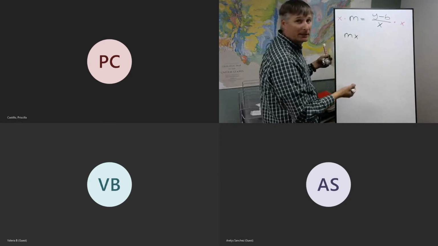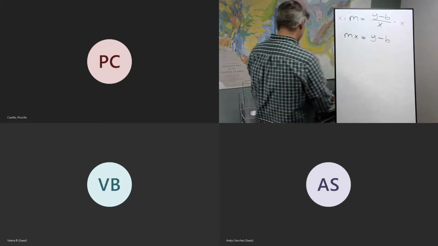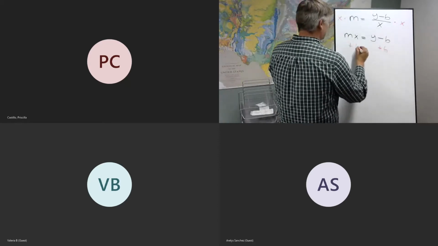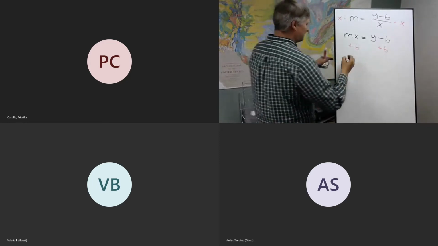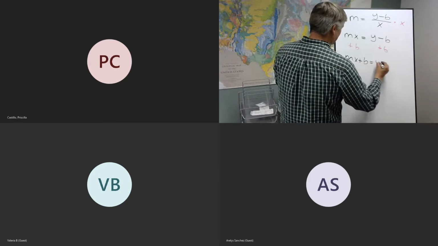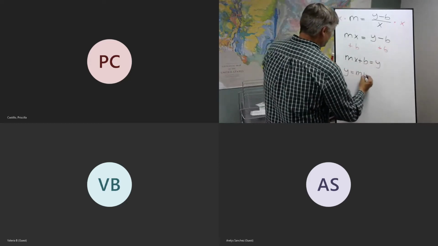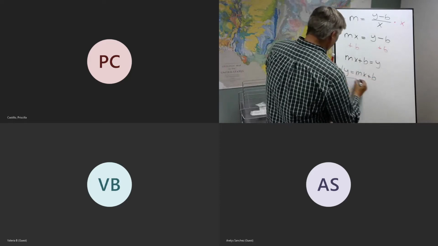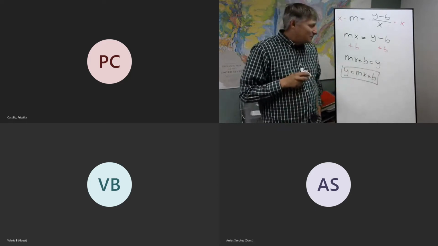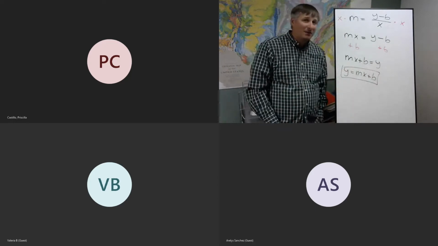You can do that in multiplication. I'll add the b to both sides. And then finally get mx plus b is y. Or we can write it in the familiar form, y equals mx plus b. So that's where this comes from. Any questions about that?